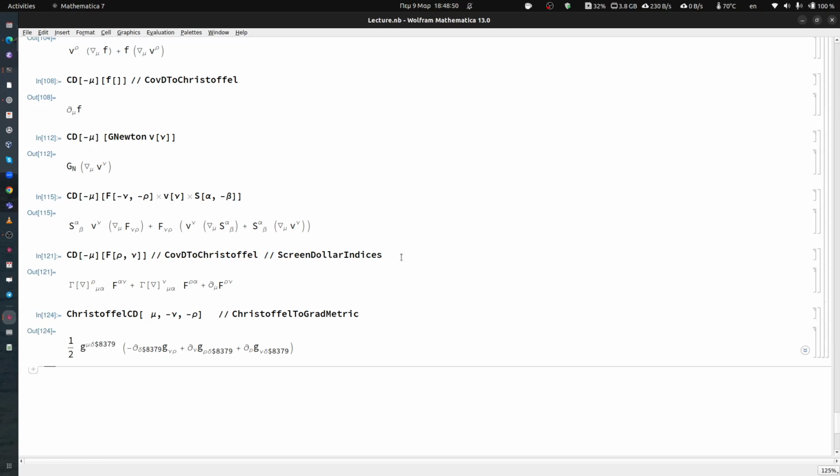So again, this is a familiar expression, but ugly looking due to the dollar indices, which we can make disappear by applying the function ScreenDollarIndices. And that is the familiar expression that gives us the Christoffel symbols in terms of the metric. And if we put this index downstairs, we obtain again this familiar looking expression.